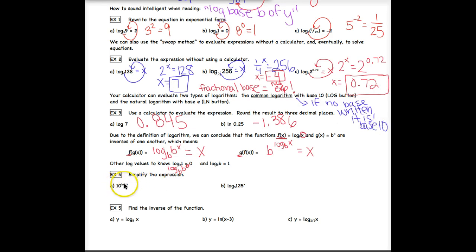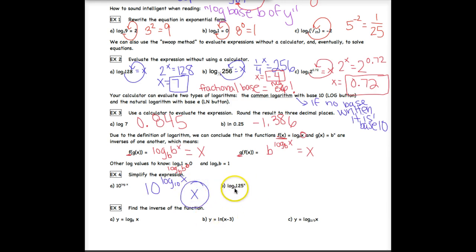So here, on this log exponent, I don't have a base written, which means it's understood to be 10. So I've got 10 to the log base 10 of x. This property is the same as this one. The base of the log and the base of the power match, which means it just simplifies to whatever this is. So again, it happens to be x in this case, but if I had 4x written here, the answer would be 4x. So that's x.